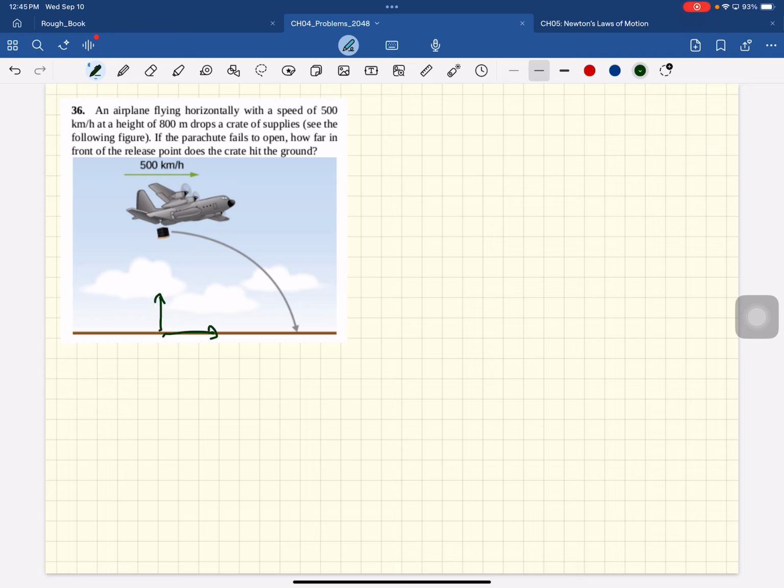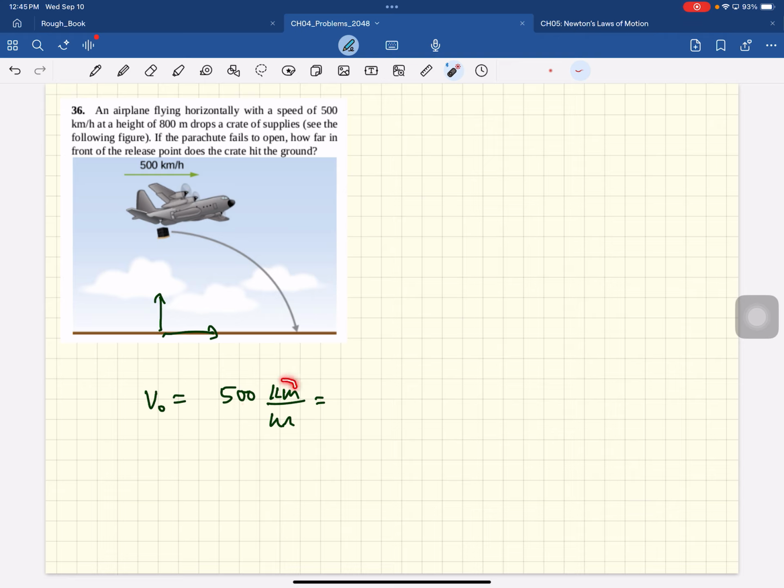Before I do this, this initial speed is given in kilometers per hour. Let's convert that to meters per second. So 500 kilometers per hour. You have to multiply by the appropriate factors, but here's a quick way to do it.